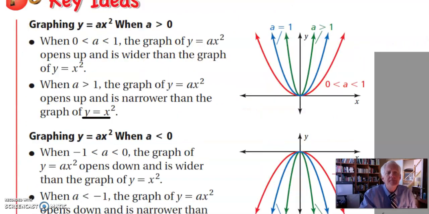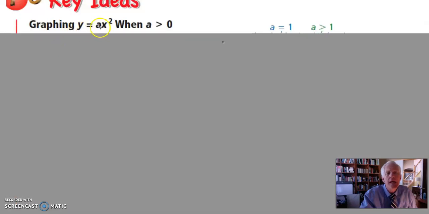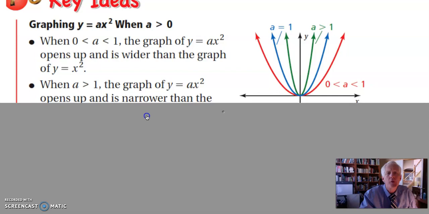So what we'll do today, we're going to talk about what happens when a is two examples. Let me cover this up. Too much information for you. I don't want to freak you out here. We're going to talk about what happens to the graph when a is greater than 0. Here's an example.